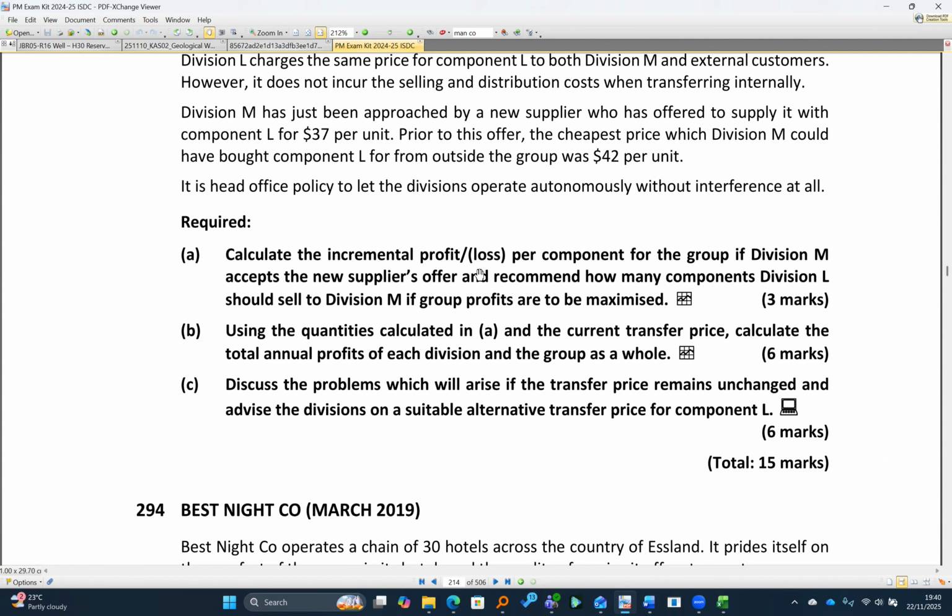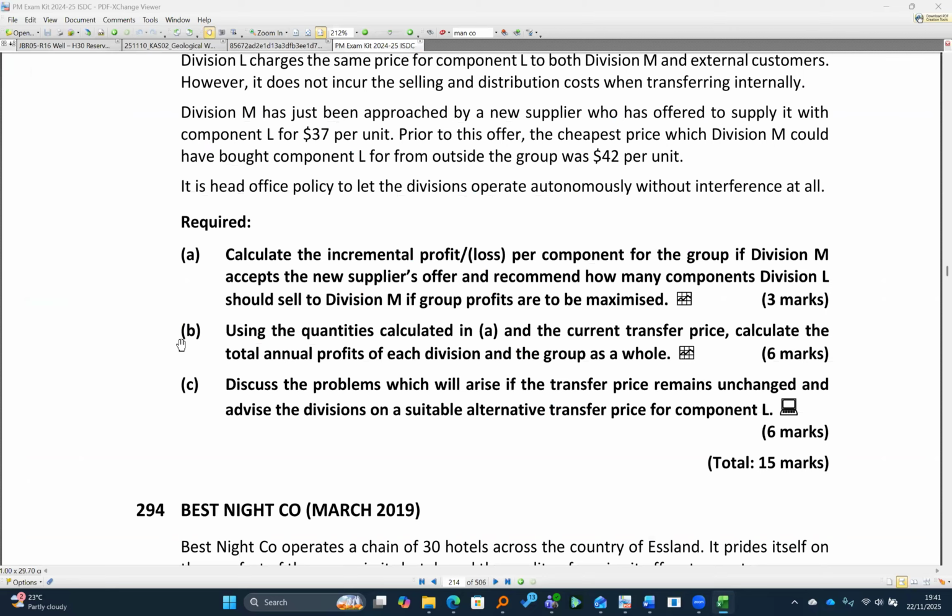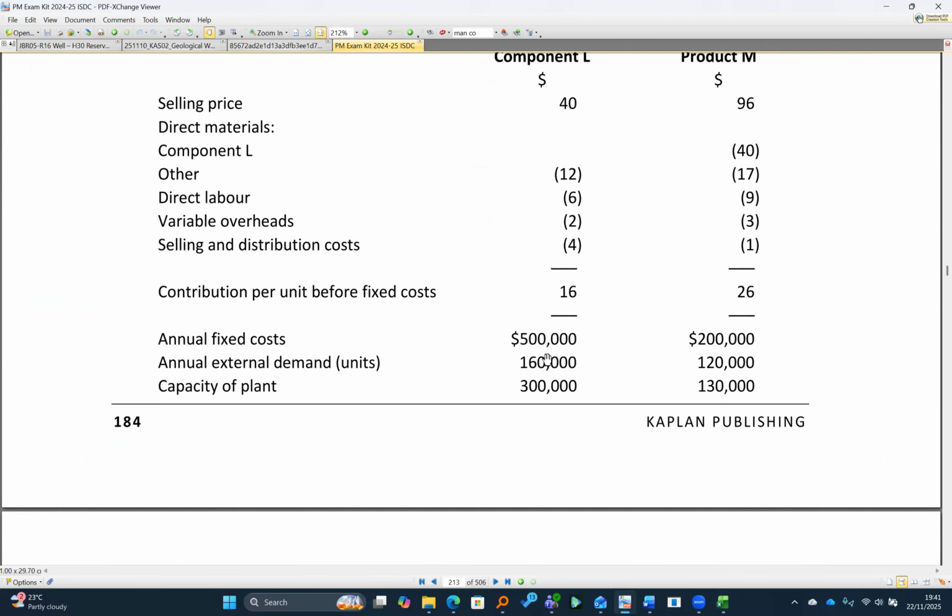So now what happens? Here you do it for different divisions. So for division L, what will happen is that it will sell 160,000 units externally and also 120,000 units internally.